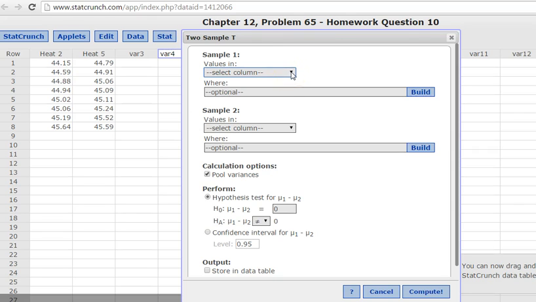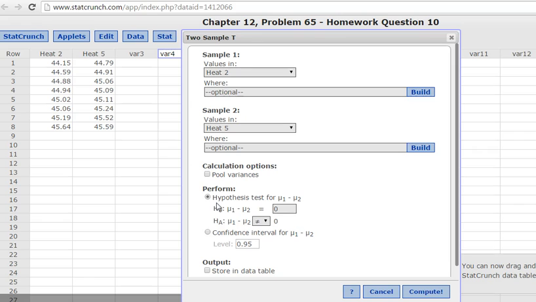Sample 1, values in, I select Heat 2 for our first sample. Sample 2, I select Heat 5 from the drop-down box. Calculation options, I uncheck pool variances. I go to Perform, and I'm going to look at hypothesis test for the difference in the means.